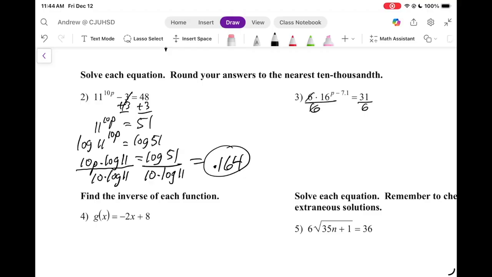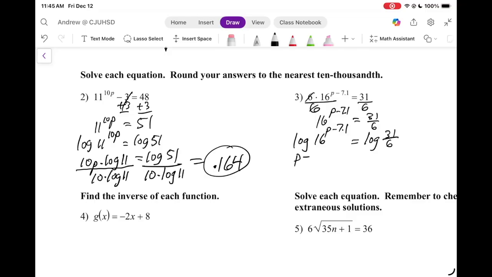So again, we're isolating the base of 16 by dividing by -6. We're going to apply the log to both sides, so I can take that p minus 7.1 out to the front. You notice I'm not dividing 31 by 6.